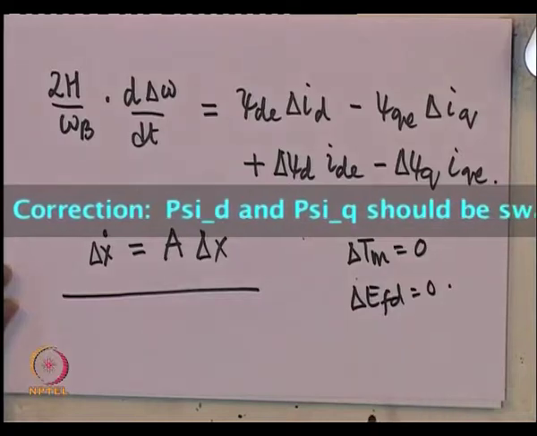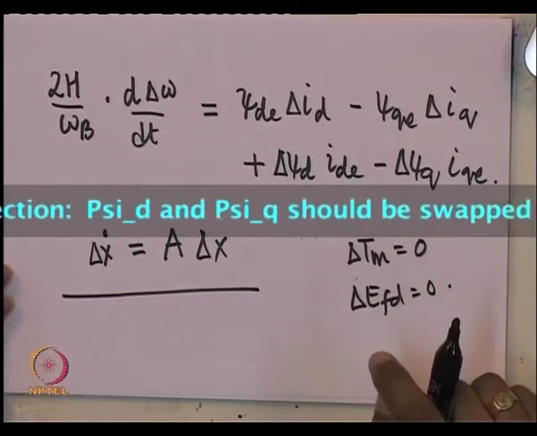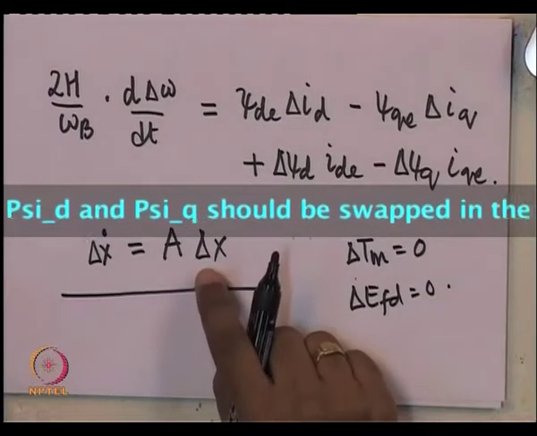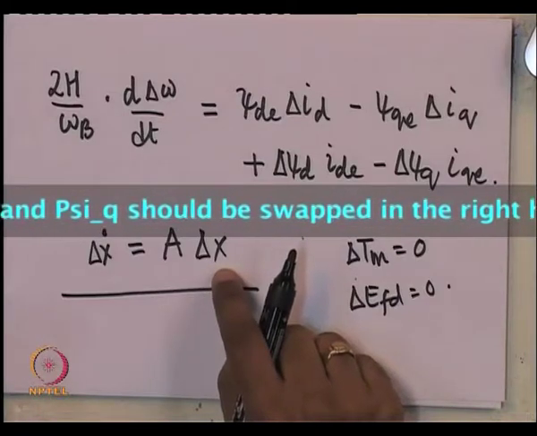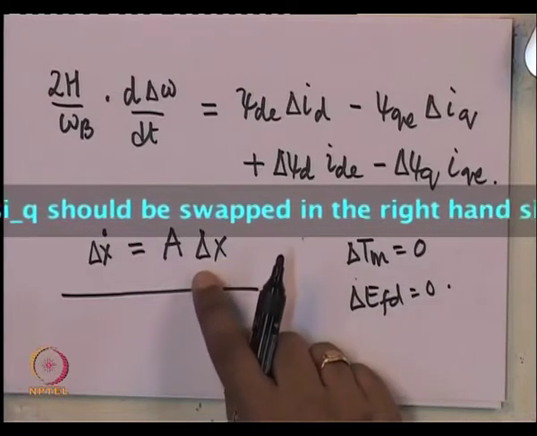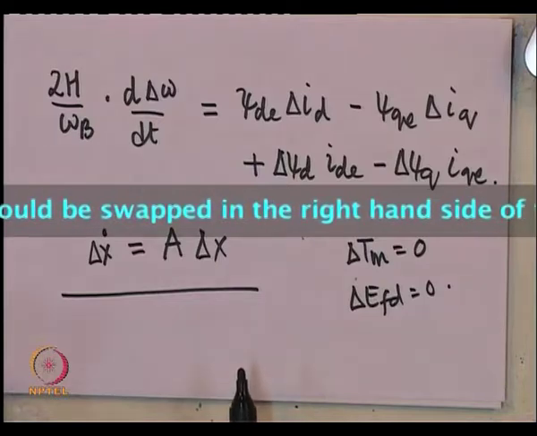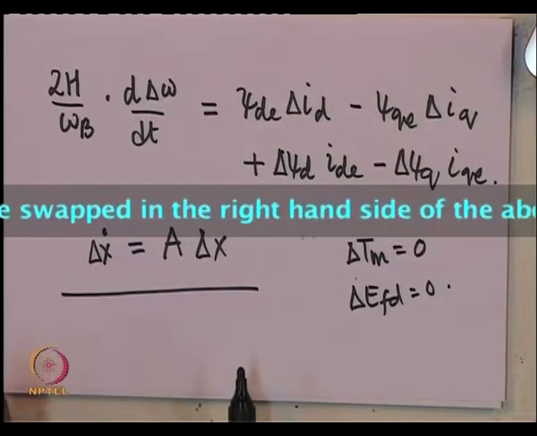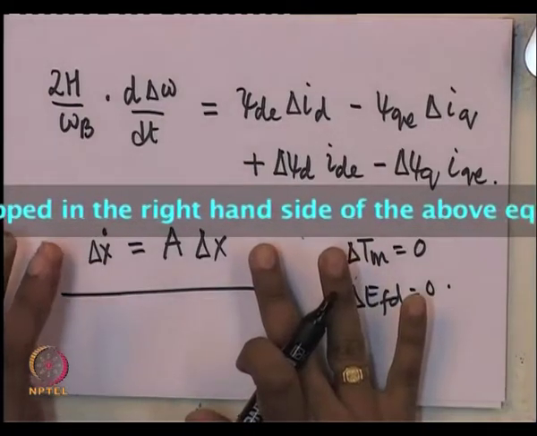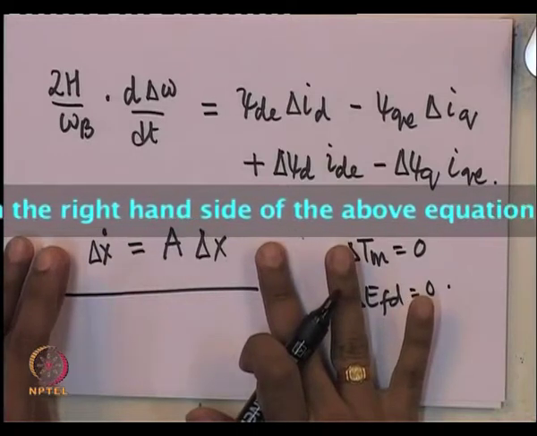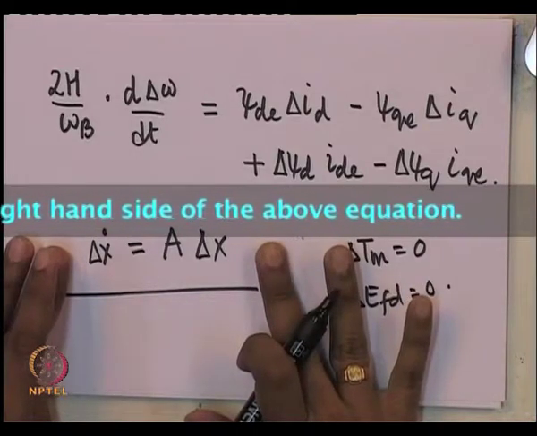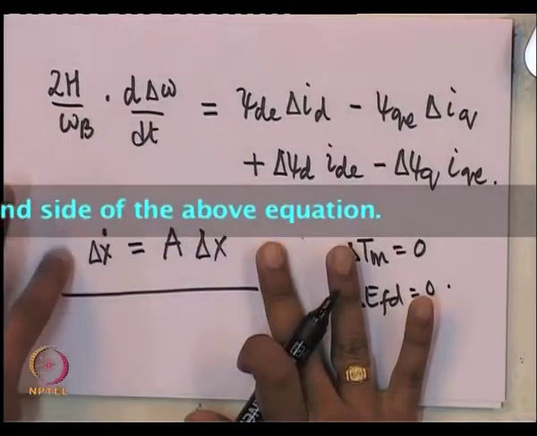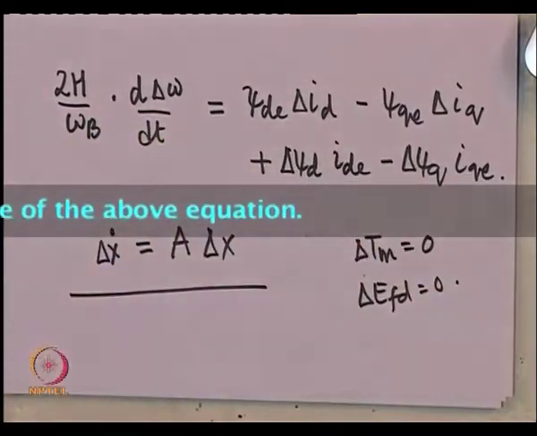So, we will be assuming the inputs are constant, we will be only giving changes in delta x, that is giving the initial disturbances to the states. Okay. So, around the equilibrium point, the behavior of the equations for small disturbances can be studied using this.